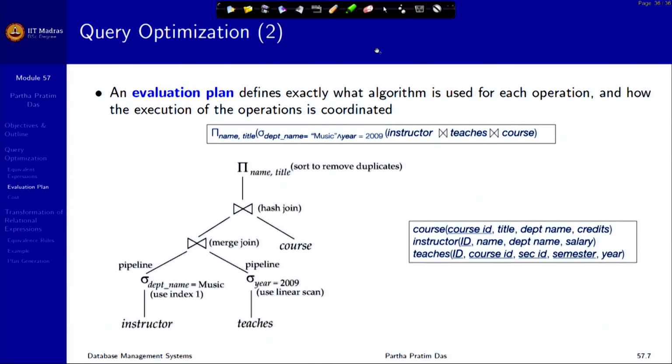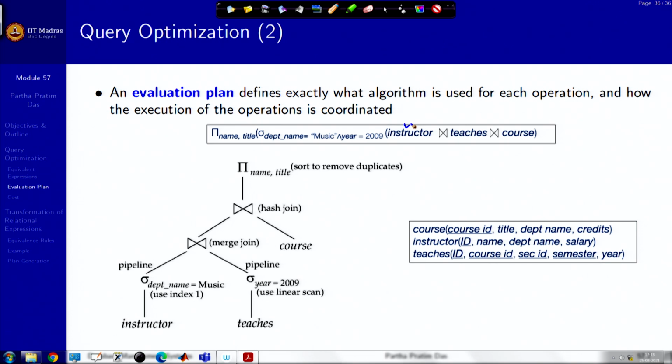Once this is fully worked out, it is made into an annotated query tree, which is called the evaluation plan. We are talking about a little variant of the earlier query, where you want to find the names of the instructors and the courses they have taught in the year 2019, where the instructor belongs to the music department.